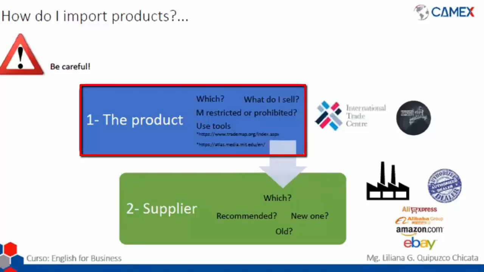So I have to look for another product. On the other hand, if my product is restricted or has any kind of permission that I have to ask for, I have to look it up. I have to see if I'm going to be able to get this permission from the entity that is in charge of giving the permission to import it.